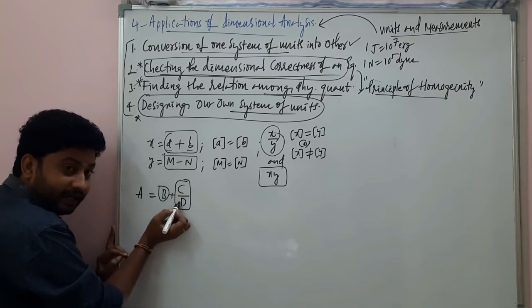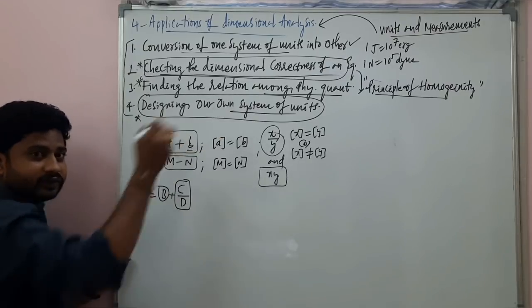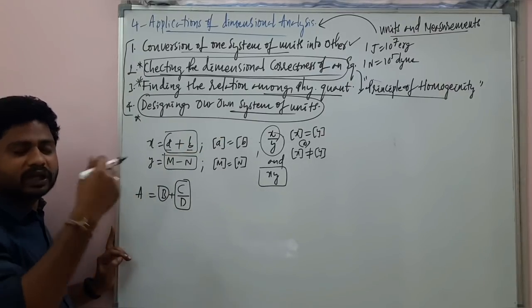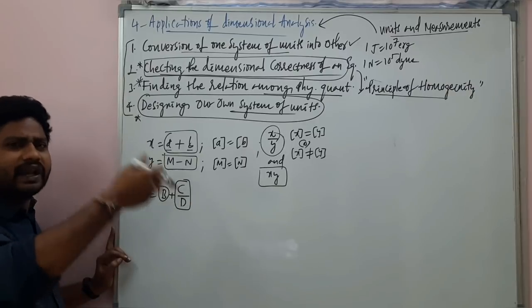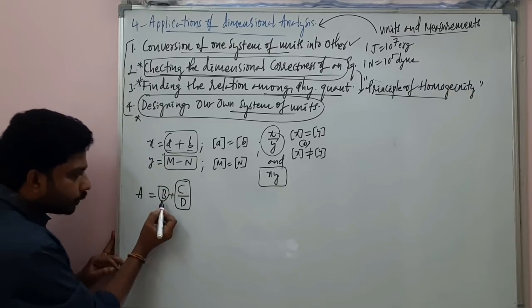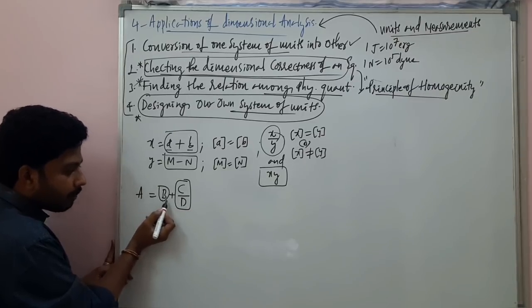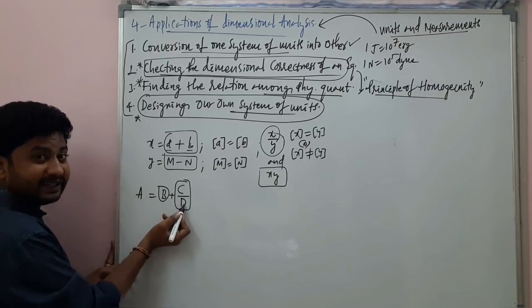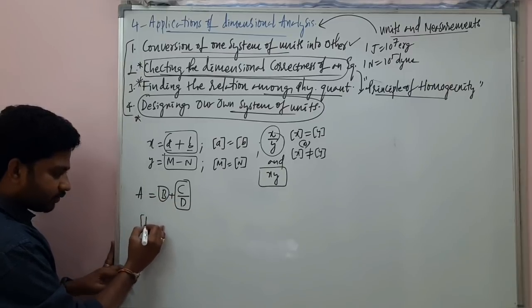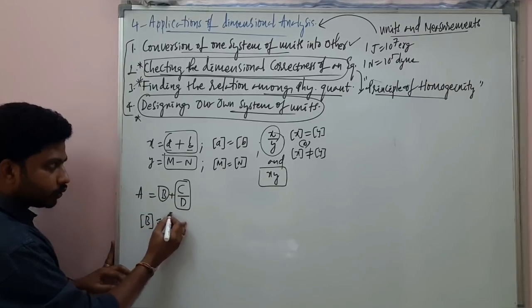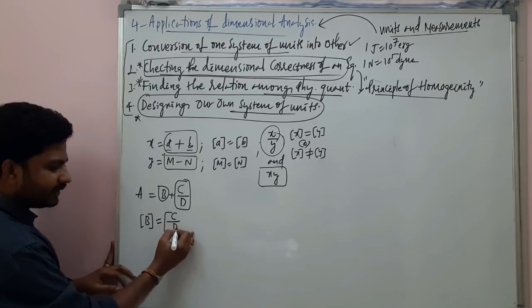If you divide, you may get another physical quantity, and it will have some dimensional formula. So now the dimensions of B must be equal to the dimensions of C by D. Listen. The dimensions of B must be equal to the dimensions of C by D.